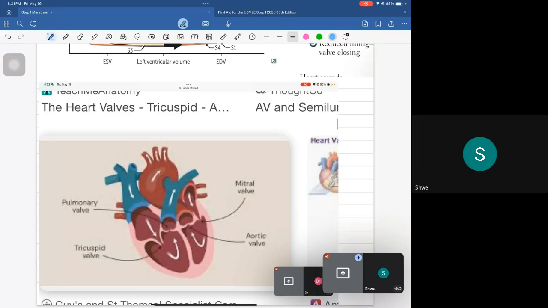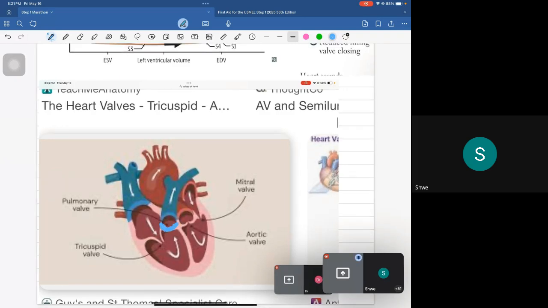Now basically there is a disease which is known as the tetralogy of Fallot, right? What is happening in the tetralogy of Fallot is that this is the pulmonary valve. Can everyone see the pulmonary valve? Yes, Doctor. So this is the pulmonary valve.